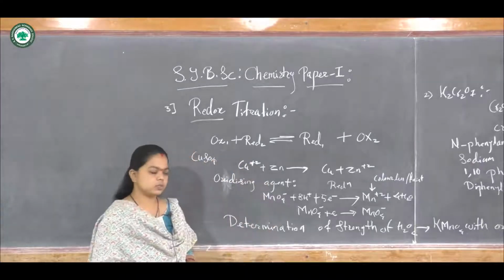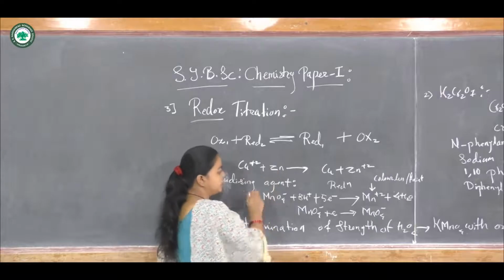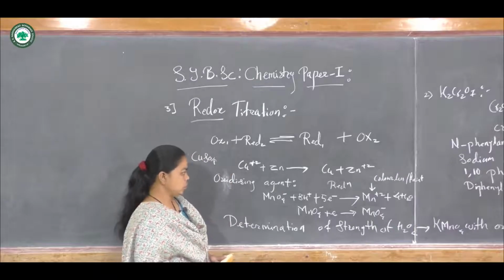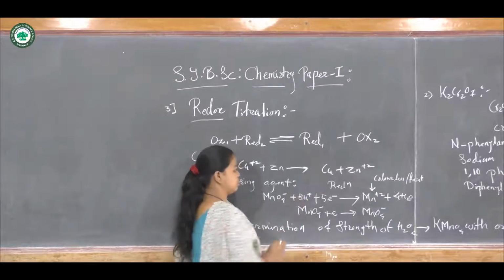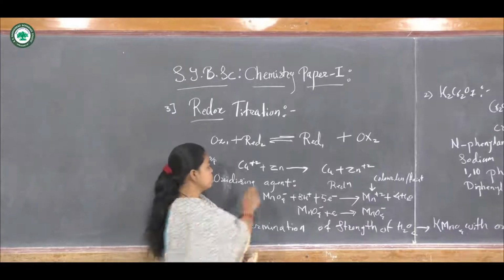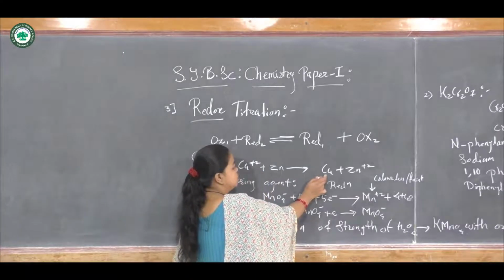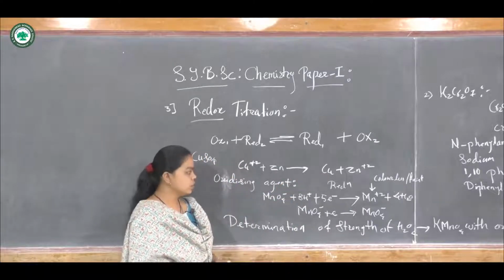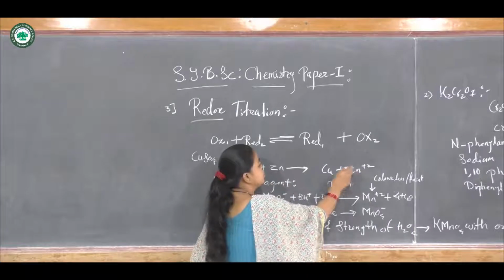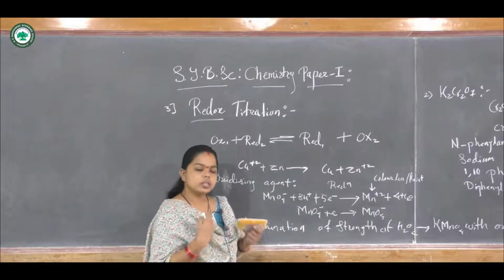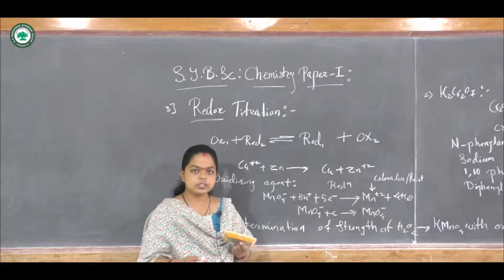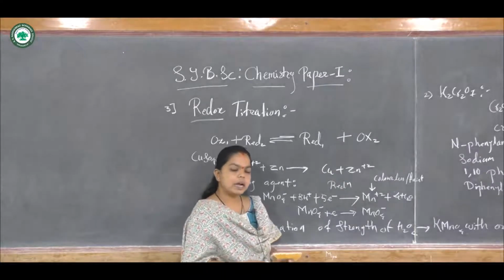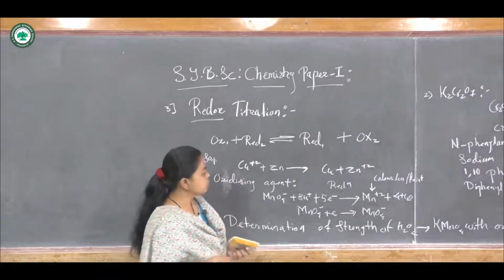When these get combined, zinc is present in metallic form. Copper will get reduced from the +2 oxidation state to 0 oxidation state, and zinc, having 0 oxidation state, will get oxidized to a higher oxidation state. In oxidation, the oxidation state of the element, depending upon its valency, increases, and in reduction the oxidation state goes on decreasing.